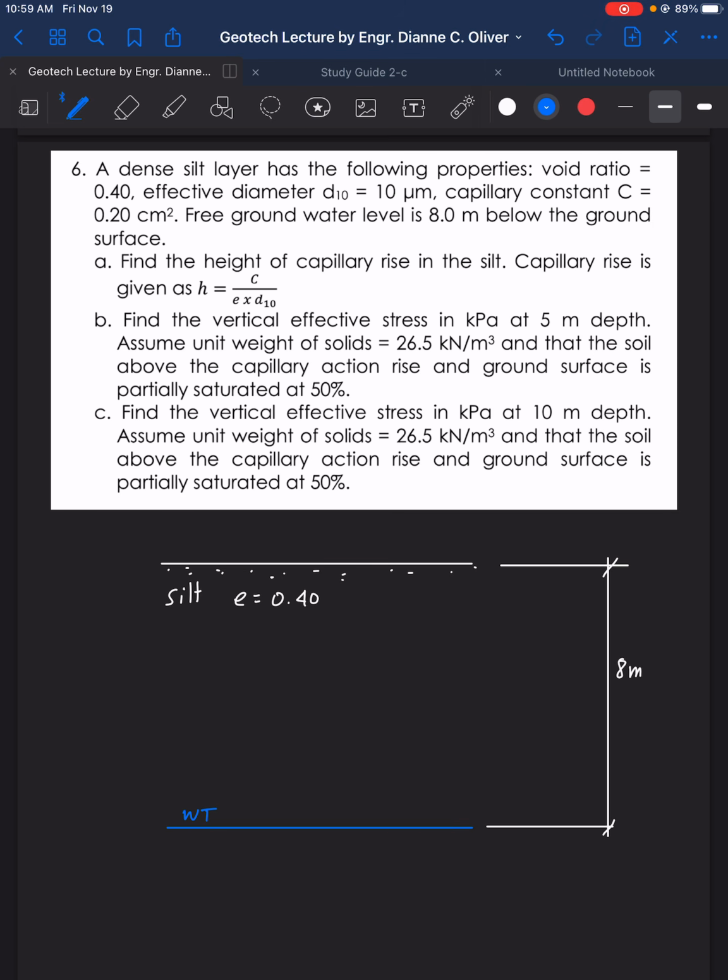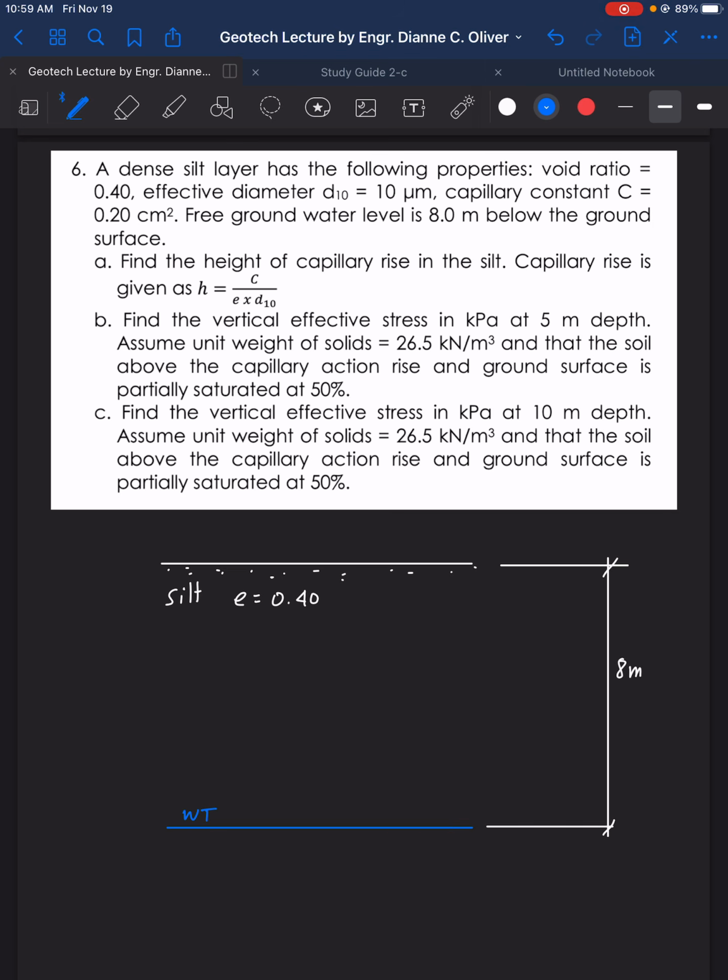Assume unit weight of solids equals 26.5 kilonewton per cubic meter, and that the soil above the capillary rise and ground surface is partially saturated at 50%. Letter C, find the vertical effective stress in kilopascal at 10 meters depth. Assume unit weight of solids 26.5. Okay, similar condition with letter B.